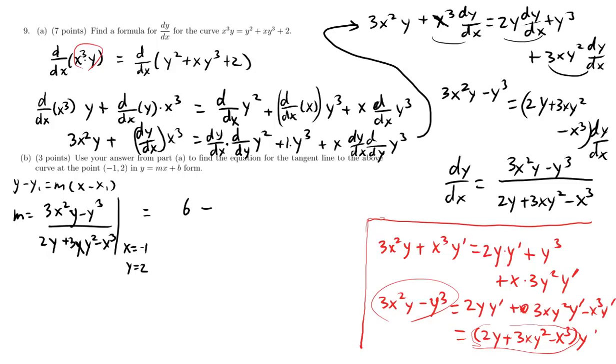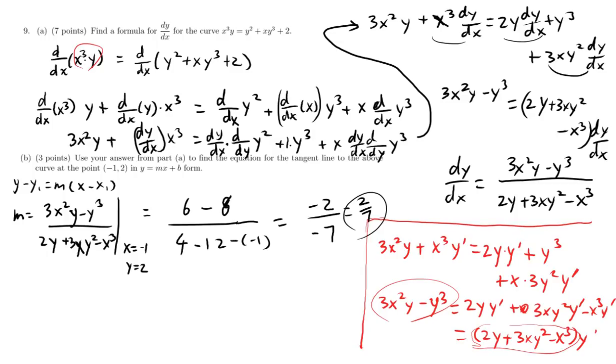If you plug in 2, that's 2 to the cube, that's 8, over 2y, 2 times 2 is 4, 3 times -1, -3, times 4, so it's -12, and then -1 cubed, that's negative of -1, which gives you -2 on top, and that's -8 plus 1, -7 on the bottom. Let me just make sure that's -8, -7. Okay, so that's 2 over 7.